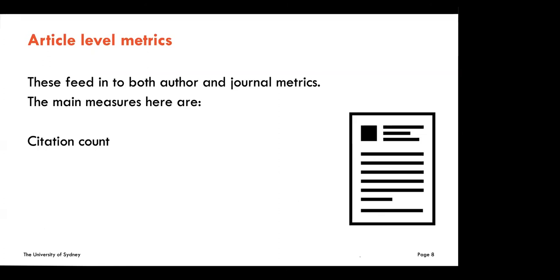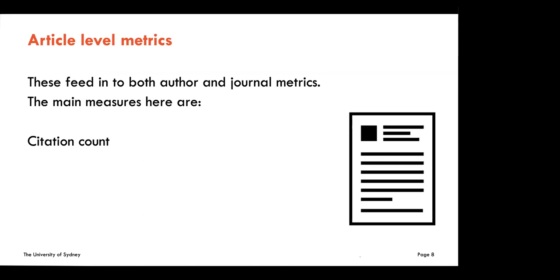But it's a fairly reasonable number to pull out of Web of Science and out of Scopus. It will only count citations that are found from within that database though. So if you're being cited by someone that's publishing in a journal that is not indexed within Scopus or Web of Science, that count will go down.